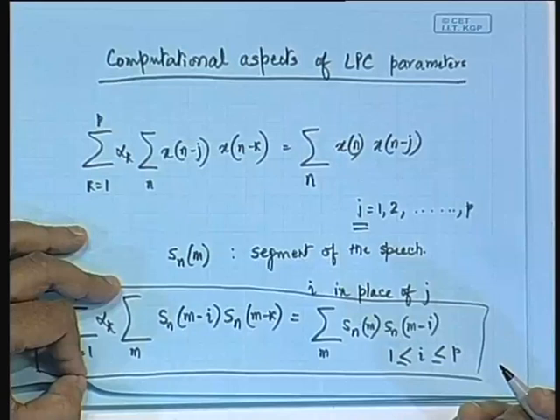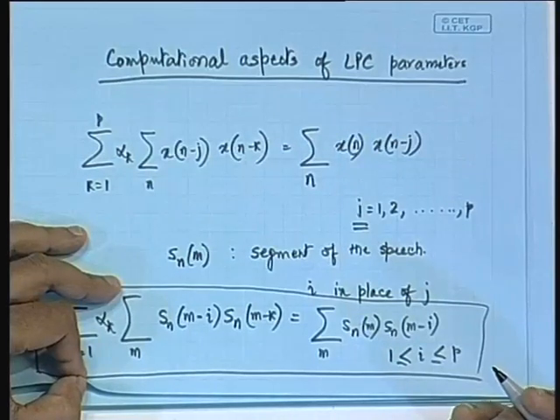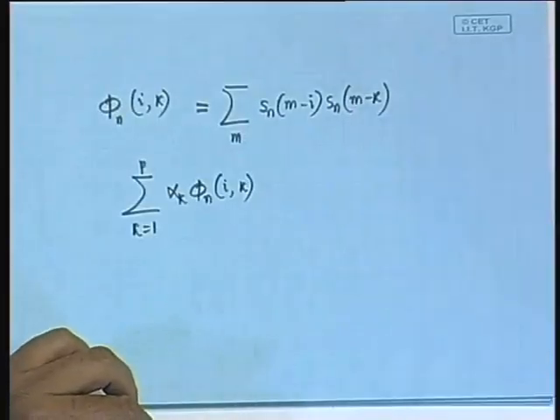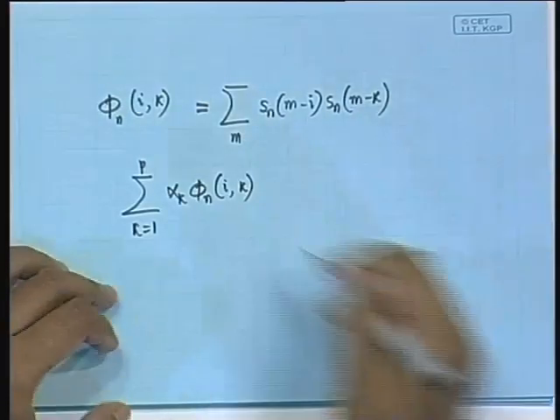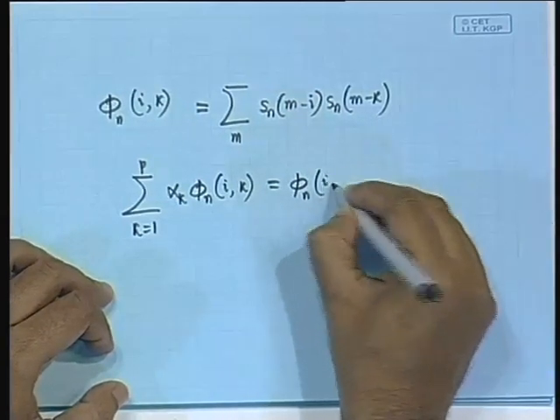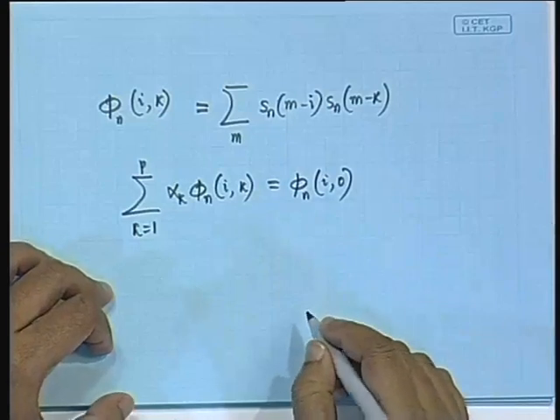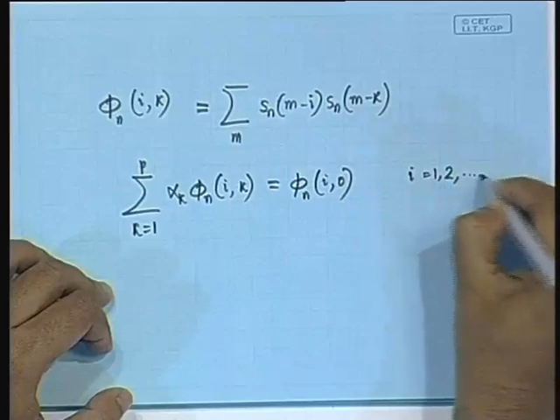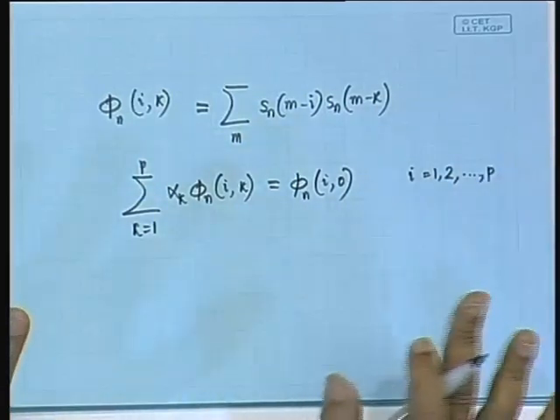So if we put k equal to 0, we can write it as (i, 0). This we can equate to phi suffix n (i, 0). Here i will be from 1 to p, again p equations. It is the same equation, just written in autocorrelation form rather than as a summation of Sn(m minus i) Sn(m minus k).